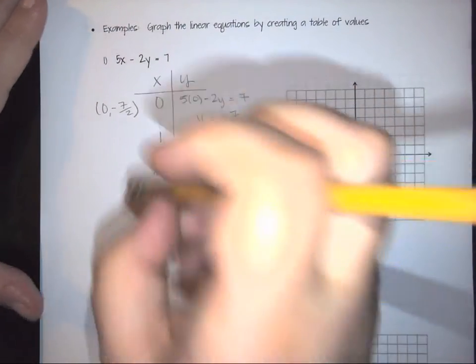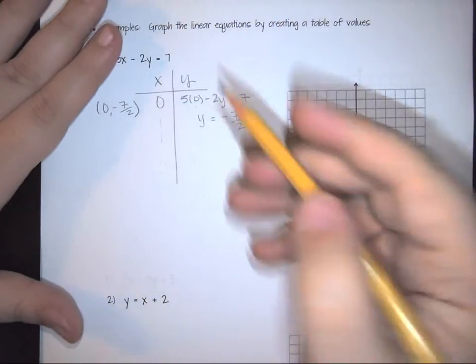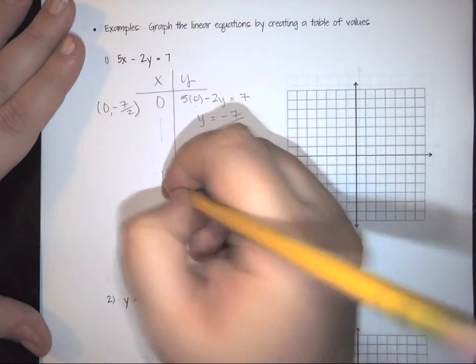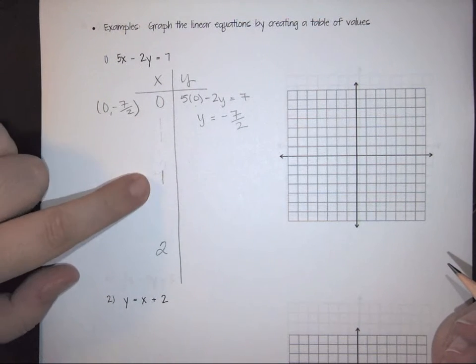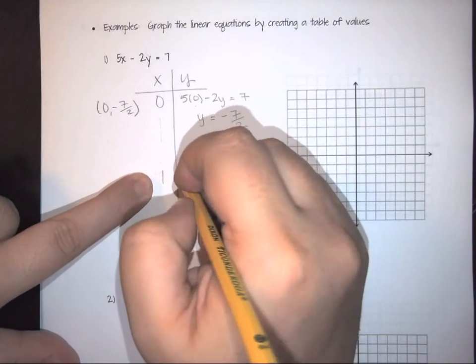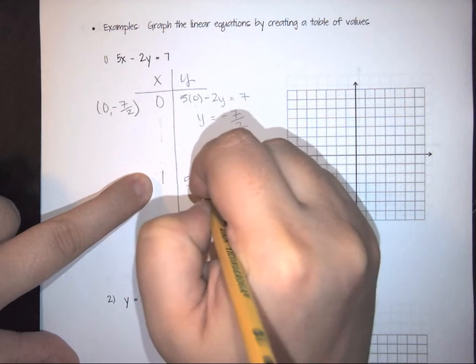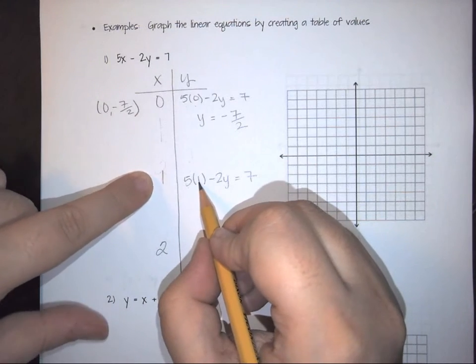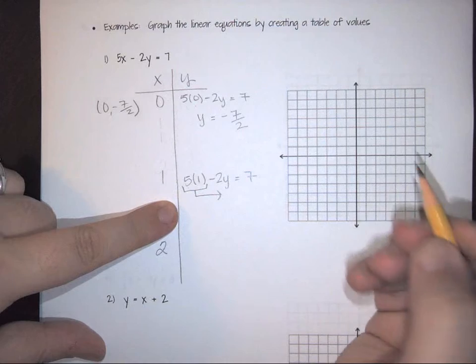Now the second one we have is a 1, and so I'm going to move these down a little bit just to give myself a little more space. Of course, you can set things up the way that you choose, but at least this way you can see. So here we're going to look at 1. We're going to do the same thing we did above. So 5 times 1 minus 2y is equal to 7. 5 times 1 is 5, so I'm going to move it to the other side.